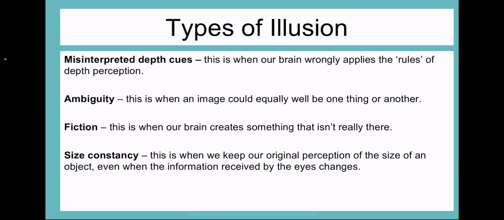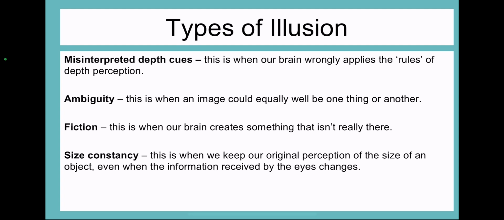So think about that Ames room where people look like they were getting bigger and smaller. Our brain's getting tricked because we know that people don't change size, but that illusion was set up very cleverly to make it look like people were getting big and small. And we'll quickly look at the layout of that room again in just a second.